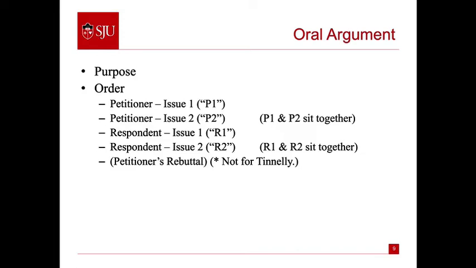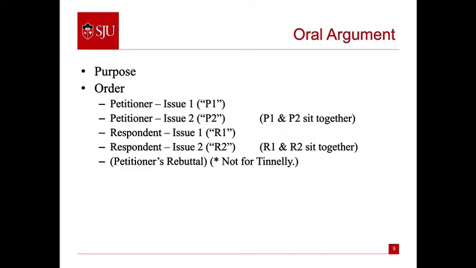So you could say, my name is so-and-so, and together with my co-counsel, and give their name, we represent the petitioner, the respondent. I will be addressing the first issue, which is, let's say, standing, and my co-counsel will be addressing the merits argument or the constitutionality argument or whatever it is.